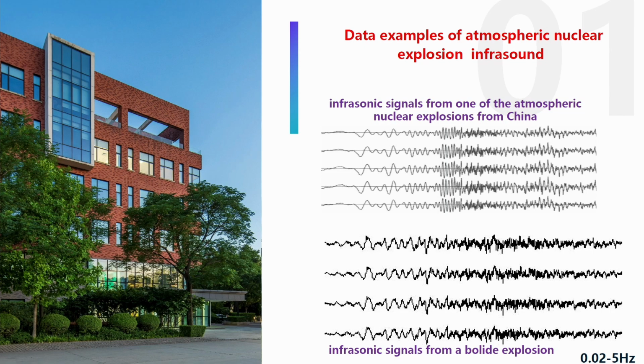We can see these two groups of signals are identical in appearance. So I insist that we can use the applied explosion signals to verify our infrasonic technologies, including hardware and software.